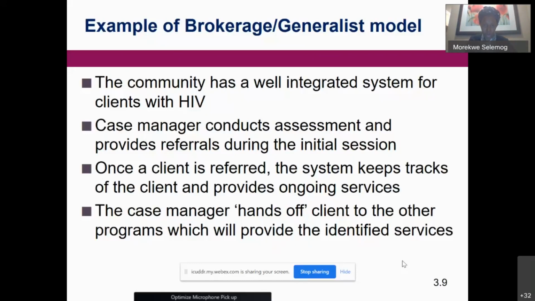What do they think of the brokerage model? Right. I'll be on the lookout for hands raised. Or they could type it up, but it's easier for them to just say something. Right.